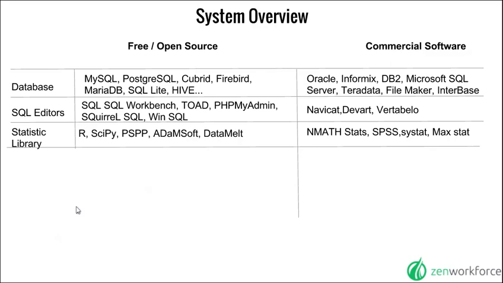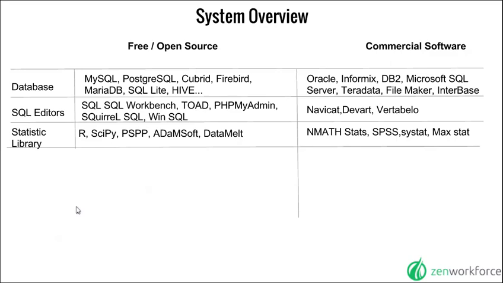The commercial stuff could get a little more expensive, but in all, you're looking for the one that is most popular, most supported, and easy to implement with what you're doing.